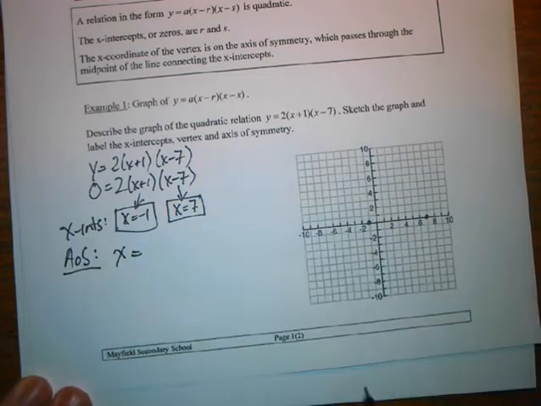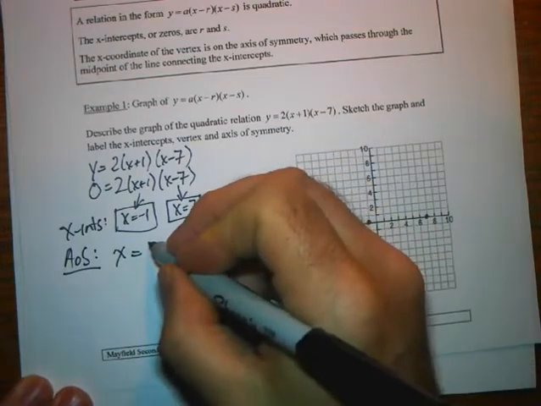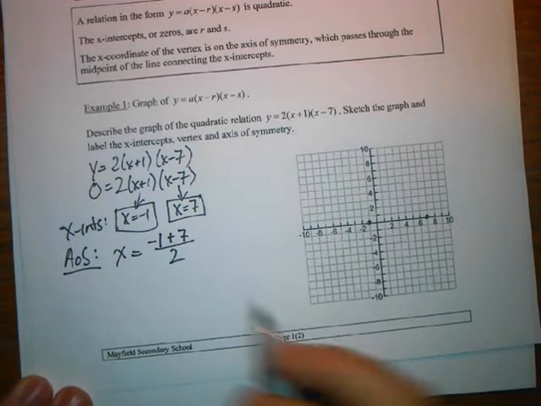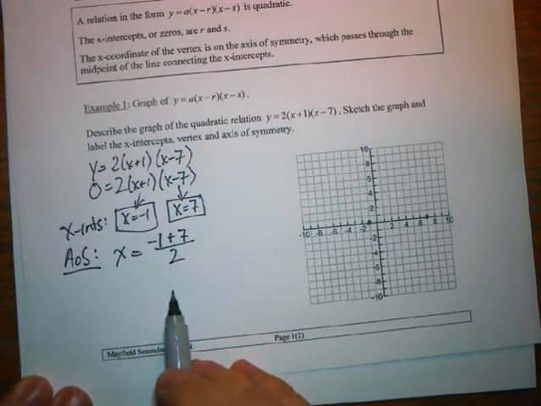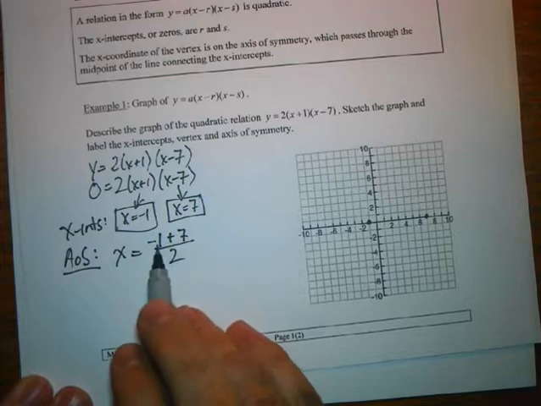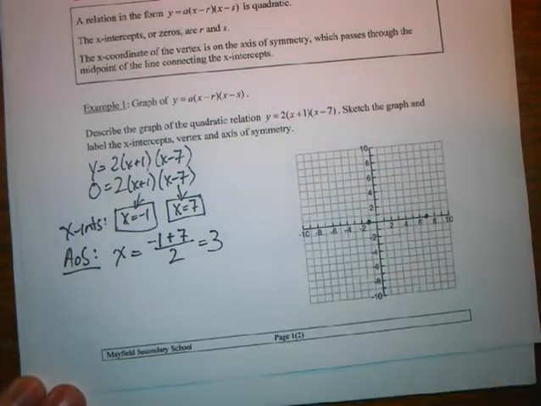To get the axis of symmetry, you just take your two x-intercepts, add them together, and then divide by 2. Really what you're doing here is just finding the average of these two values. So that's going to be 6 over 2. So the axis of symmetry is x equals 3.